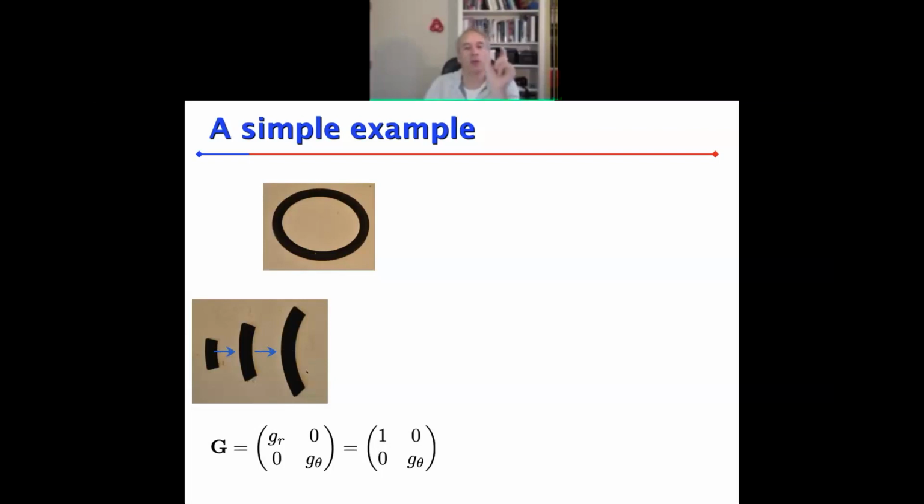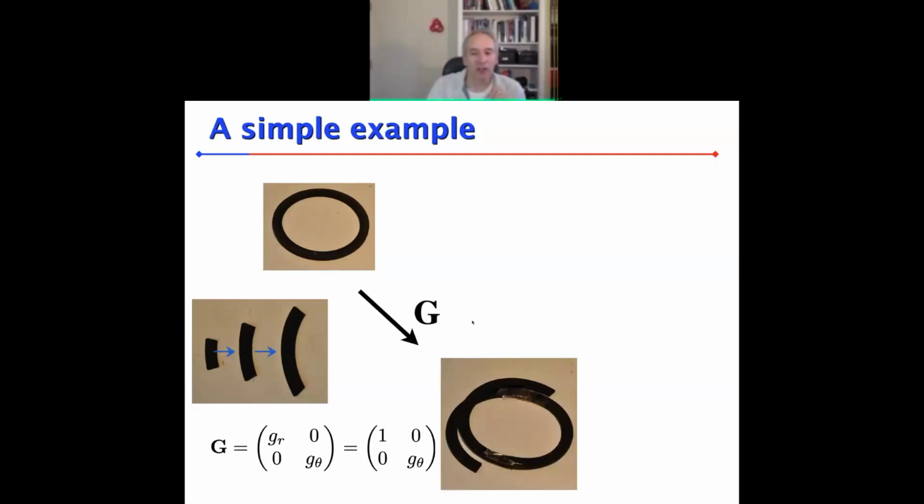So 1 means the thickness doesn't change, but each part grows with g theta, let's say, bigger than 1. So g is like 2 or 3 or 4. So each part of the ring grows. So the g tensor tells you that I do not care about my neighbors. I grow as I want. And in this case, the material would be forced to overlap itself, which is not possible in 2D. But you can think of a series of disjoint pieces that exist in 2D.